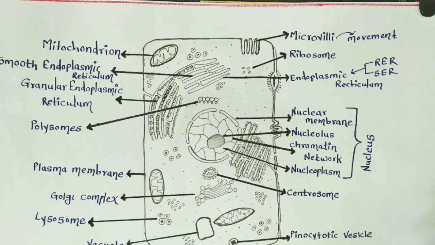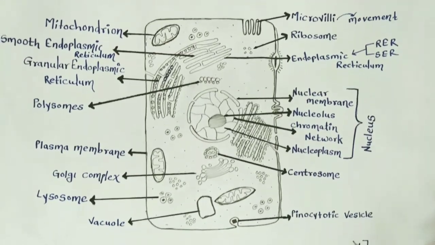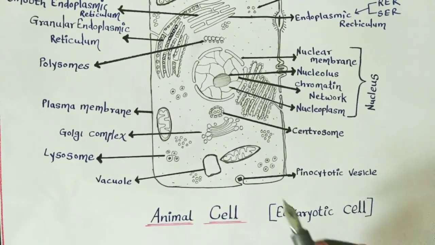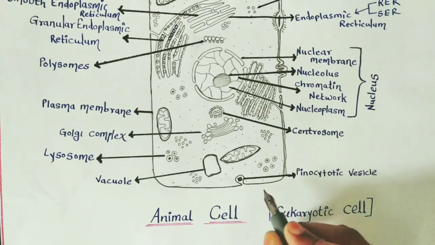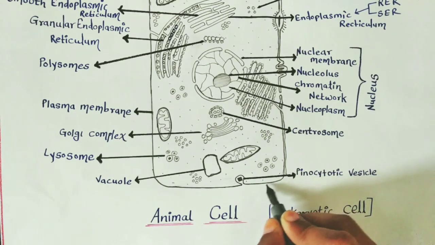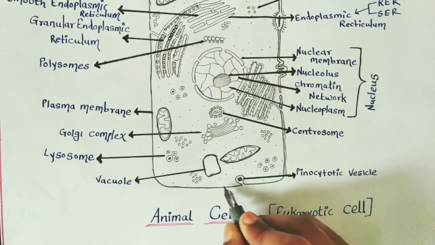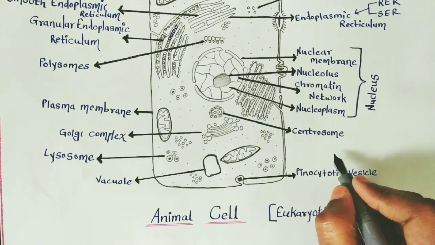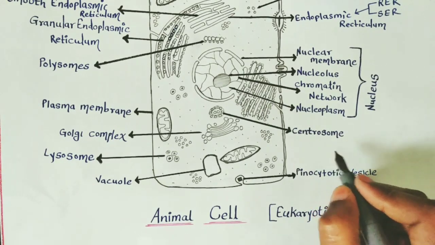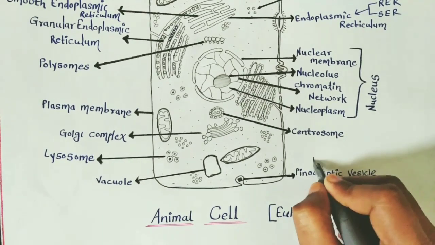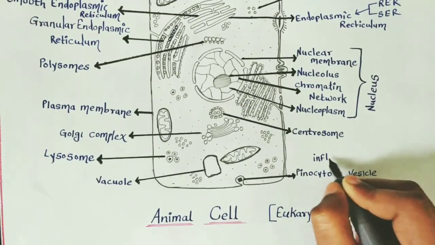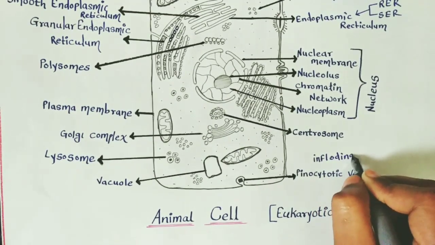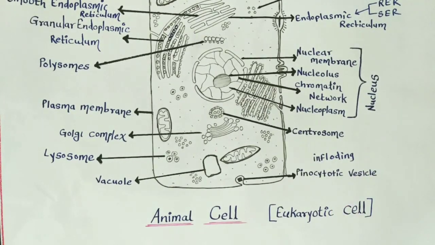So the next point we are talking about is the pinocytic vesicle. In the pinocytic vesicle, small particles are brought into the cell by forming an inner folding or invagination, which is then pinched off and suspended in a small vesicle. This process is also known as cell drinking. So the pinocytic vesicle is also called cell drinking.